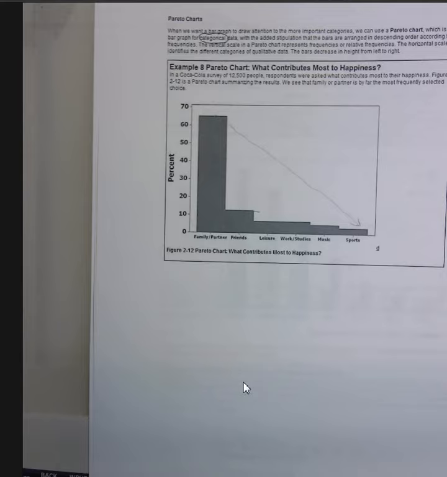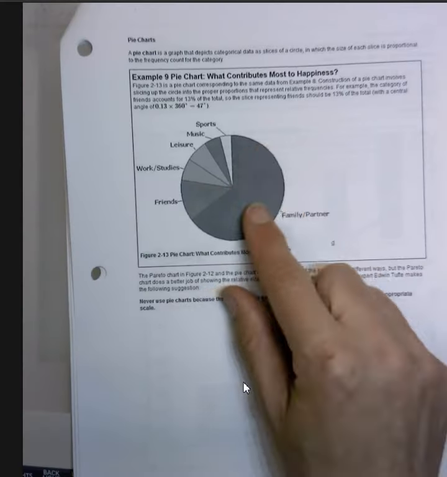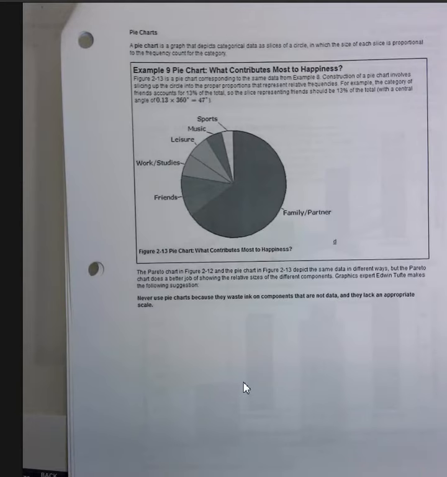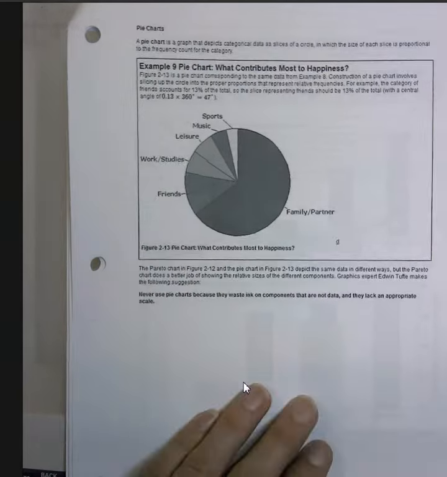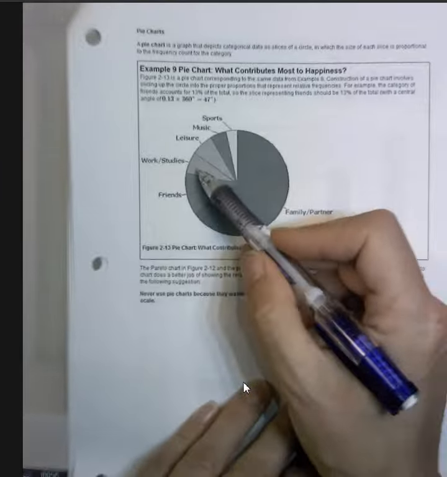In the Excel activity, I do ask you to, especially in the pie chart, either display the percentage or the frequency. I don't care which one, but so you can tell, because it is, like I said, hard to look at this and visualize which is which, or what are the relationships between the categories.